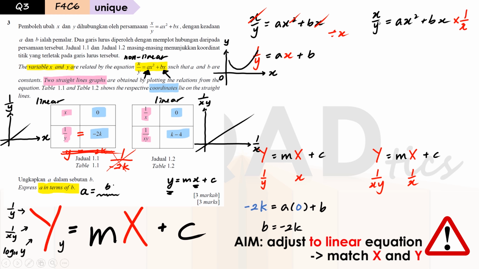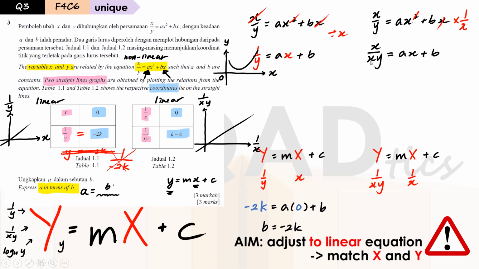The left side here will be x over xy, and on the right side we are using these values and we divide by x. Here there is 2x, so I can just cross off one of the x. Here will be ax only, and for the bx here we can just cross off the x, so here will be plus b.